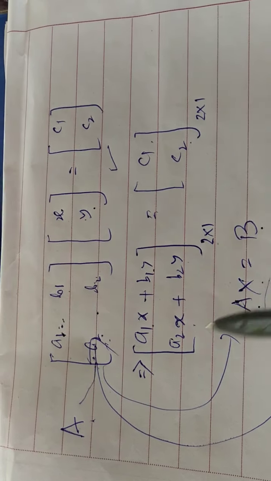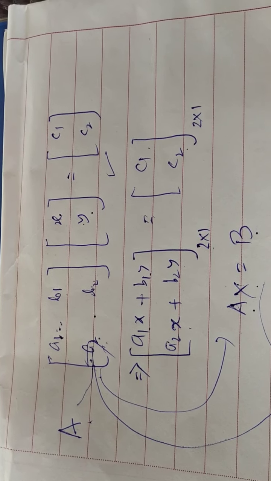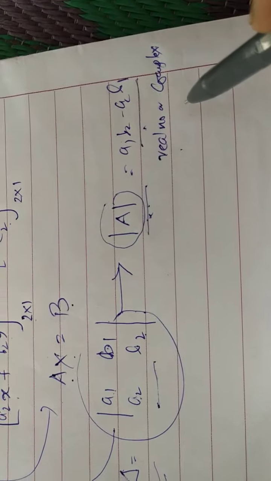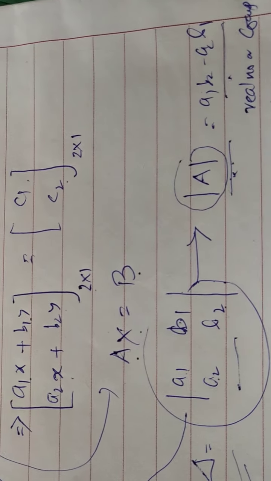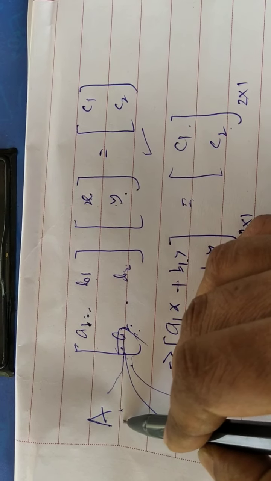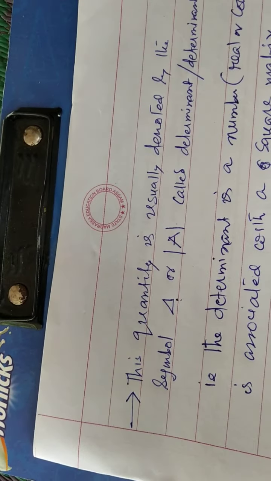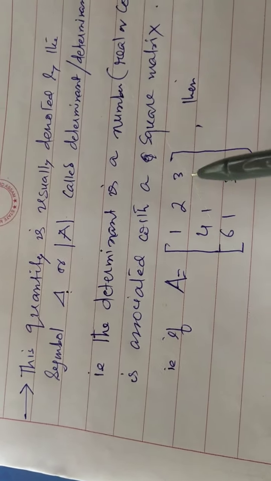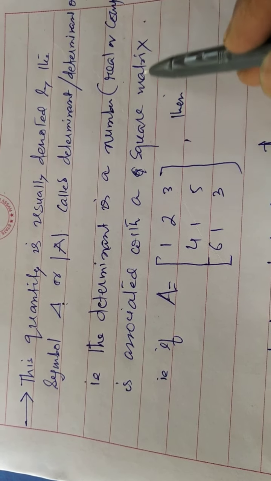Determinant is associated with a square matrix. Determinant is a number, which may be real or complex, associated to a square matrix A. Finally, we can say a determinant is a number, real or complex, associated with a square matrix.